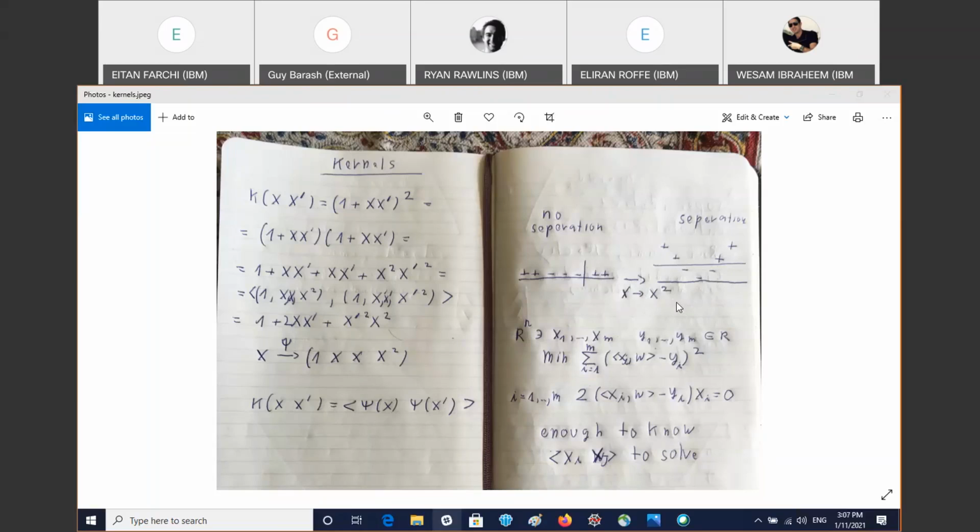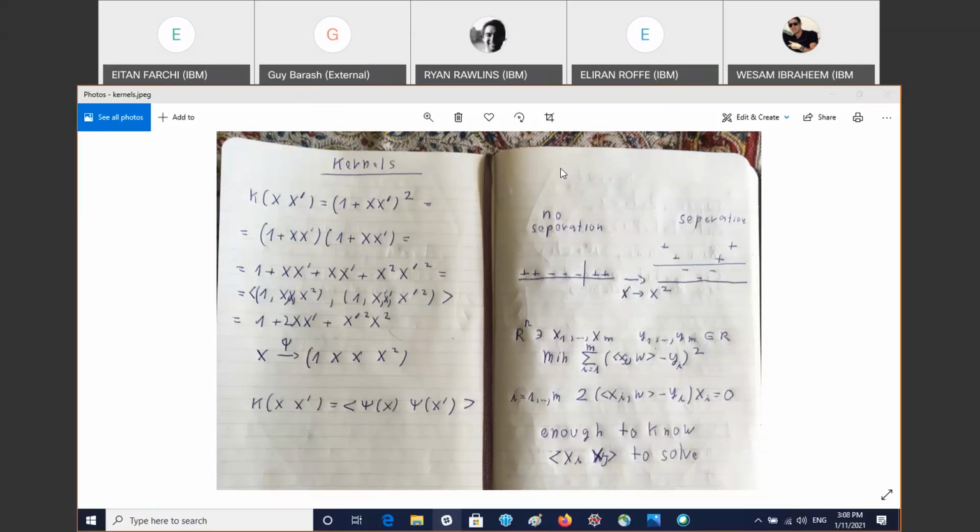When you do this, you may run into computational challenges. For instance, I take a point in R6 and transfer it to polynomials of degree 10. Then the dimension of the space becomes much bigger, and that can potentially lead to computational problems.